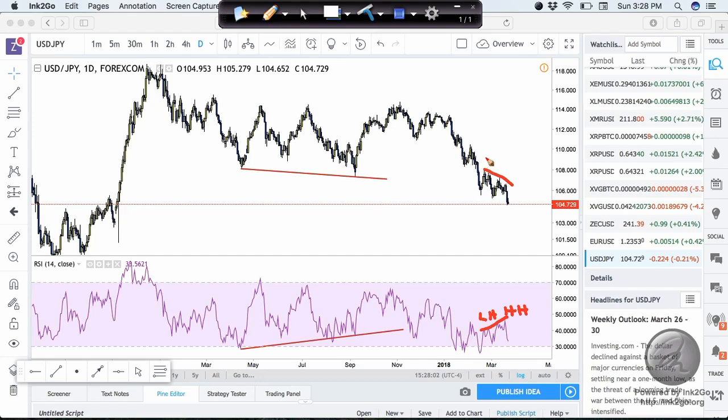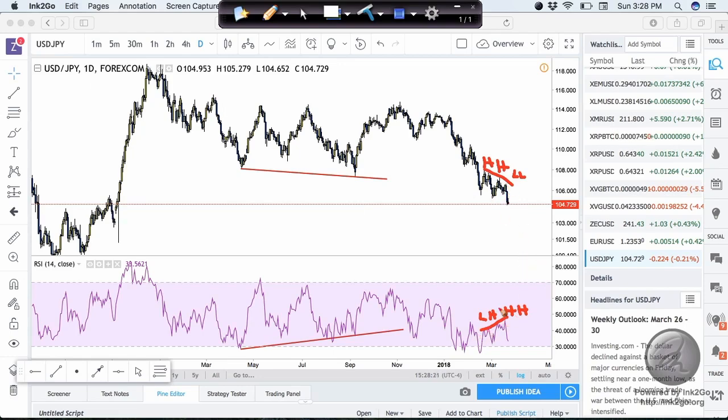But at this part, we have a higher high, and at this level, we have a lower high. So this area here and this area here represent each other, but we clearly have divergence for an opposite move.